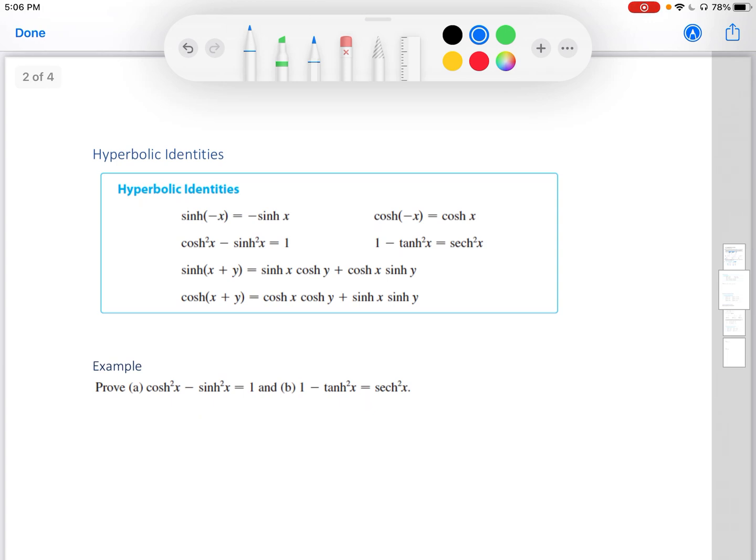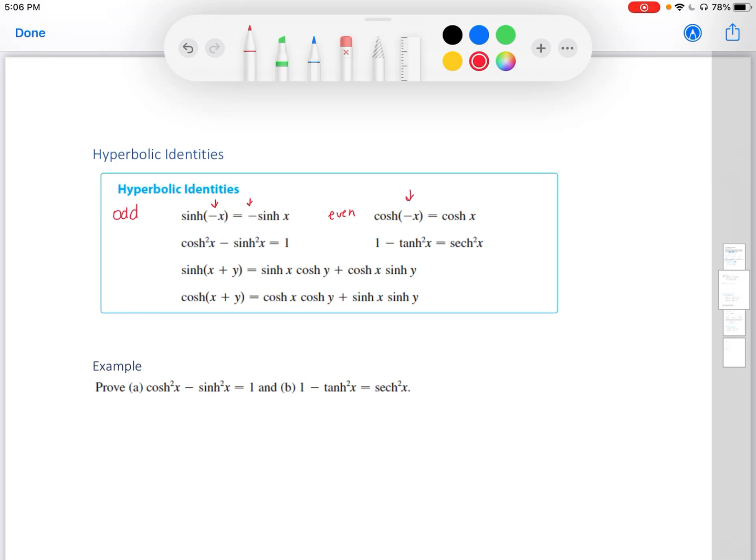And with hyperbolic identities, we also have a lot of those trigonometric identities that you learned back in pre-calculus. Remember, sine is one of those odd functions, meaning if we have a negative in our input, it translates to the negative being outside of our function. Cosine is an even function, therefore hyperbolic cosine is also an even function.